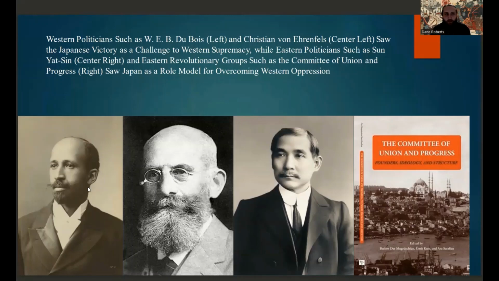And here's W.E.B. Du Bois. Here's Christian von Effenrels, Sun Yat-sen, and here is a book about the Committee of Union and Progress.